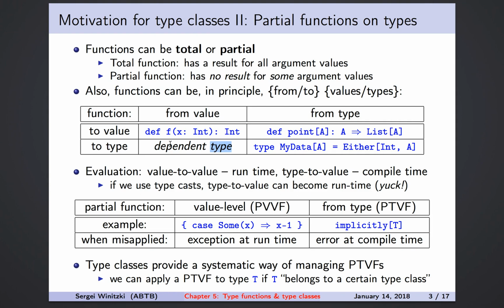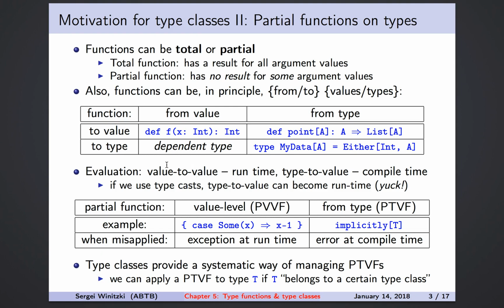And that is not very well supported in Scala, or in Haskell for that matter. So there are more advanced experimental languages like Idris or Agda that have better support for dependent types. So we will not talk about dependent types here. Our concern will be mostly this part of the table, functions from type, either from type to value or from type to type.